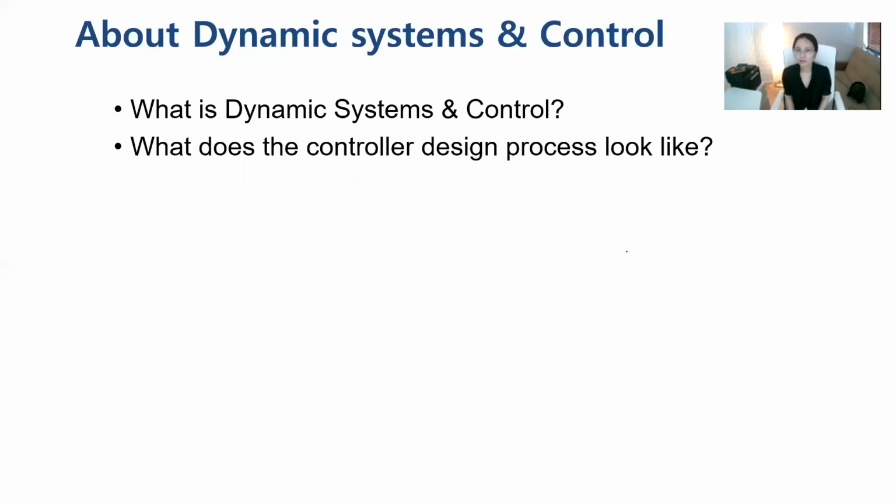You already know, I think, dynamic systems and then control. So let's review what dynamic systems are. You already learned dynamics, or fluid dynamics, or thermodynamics, or gas dynamics. So let's review it, and then what control means, and what the controller design process looks like.